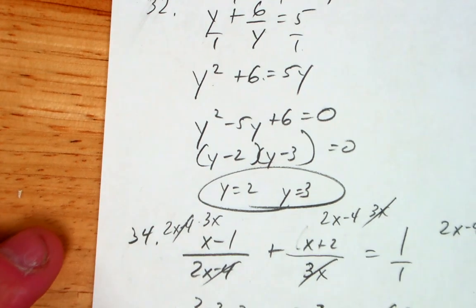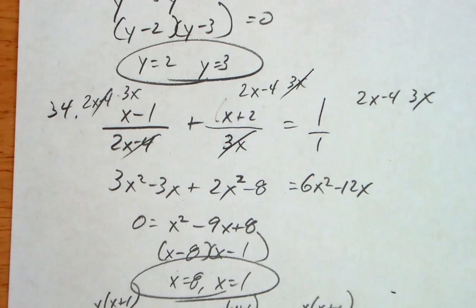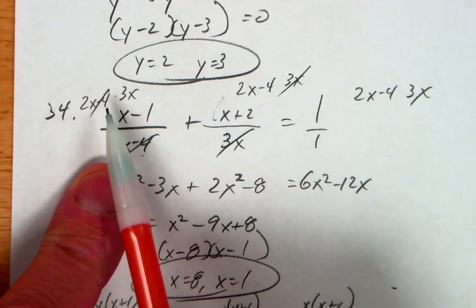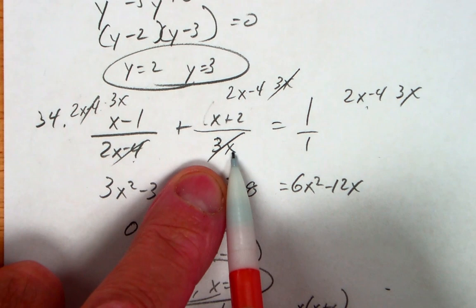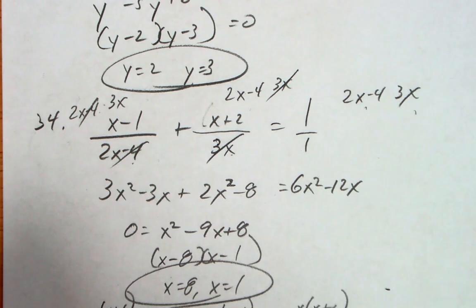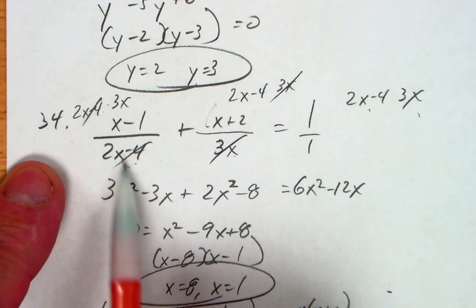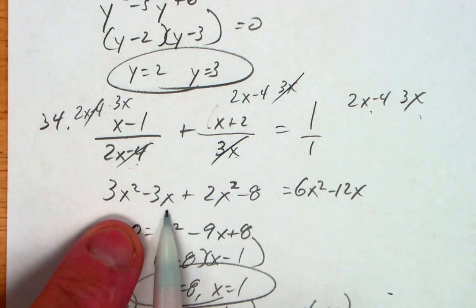34, now it starts to get a little bit more complex. Okay, so here's the deal. I saw 2x minus 4 that I want to get rid of, so I multiplied every single thing by 2x minus 4. I saw 3x that I wanted to get rid of, so I multiplied every single thing by 3x. Just being consistent. And then here, that 2x minus 4's cancel, so I multiply the things that are left. I get 3x squared minus 3x.